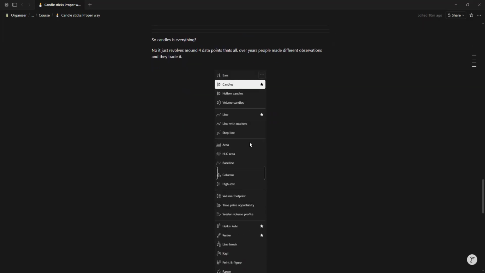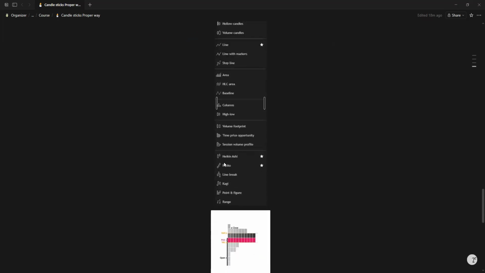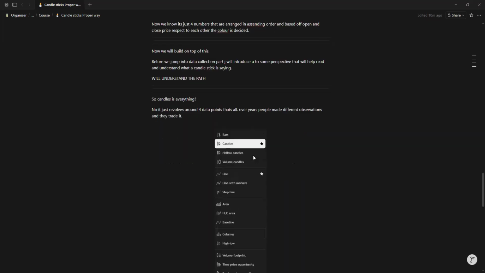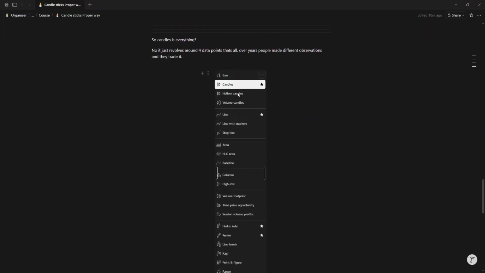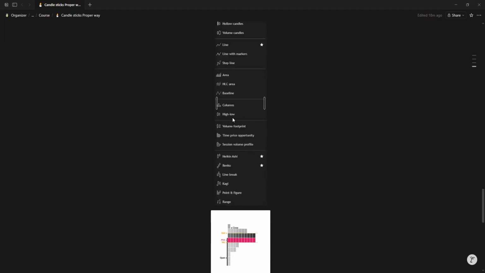So same thing, all these things like candles, bars, hollow candles, volume candles, lines, area and all that stuff. Then this comes: volume footprint, TPO, session volume profile, Heikin-Ashi, Renko, point and figure, ranges. You have to pick one or two, or just one is fine. But what I prefer is candlesticks, footprint, TPO and Renko.